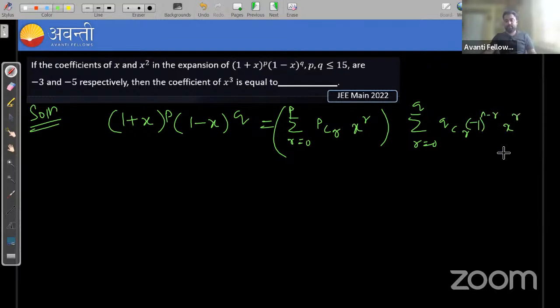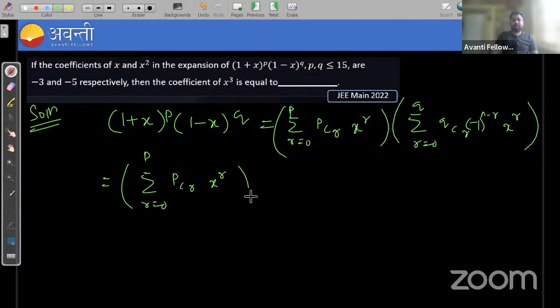So we can also write this as the summation r equal to 0 to p of pCr x to the power r into the summation r equal to 0 to q of qCr (-1)^r x to the power r. You can write it, no issues.